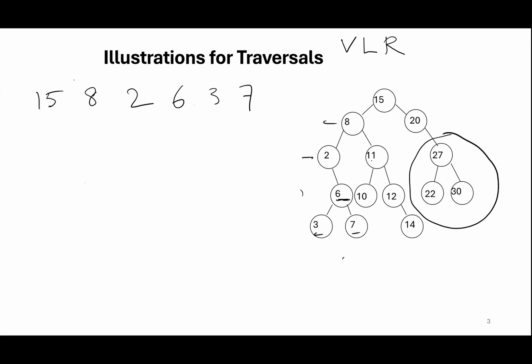Next, I go to my right subtree. I go to 11. Then my left is 10. Then right is 12. And this one doesn't have any left. So next I do 14, right? So this is how I am going to traverse pre-order: visit, left, right.